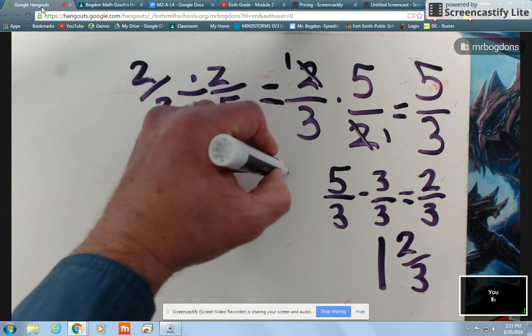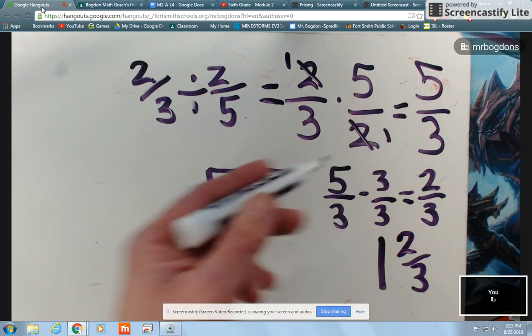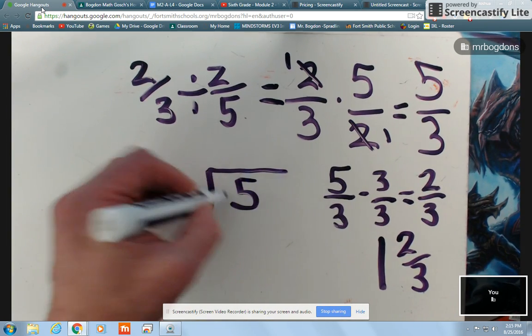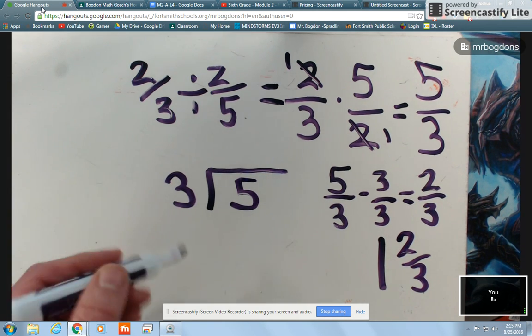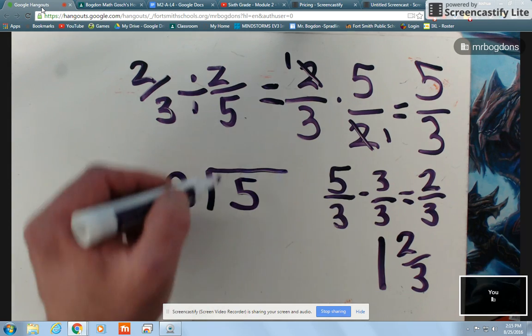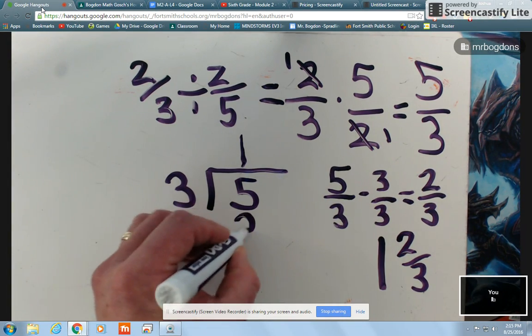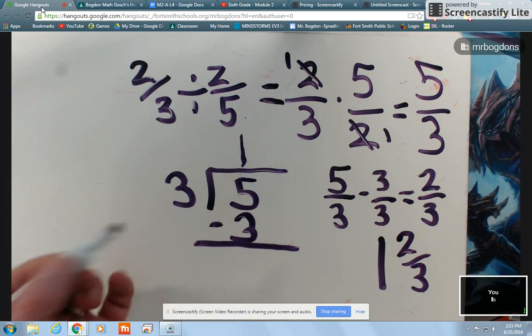Let's use the division example. Which one makes it into the house first? The one on top. 3 is banging on the door. How many groups of 3 can go into 5? Just 1. 1 times 3 is 3. What's the difference of 5 minus 3?